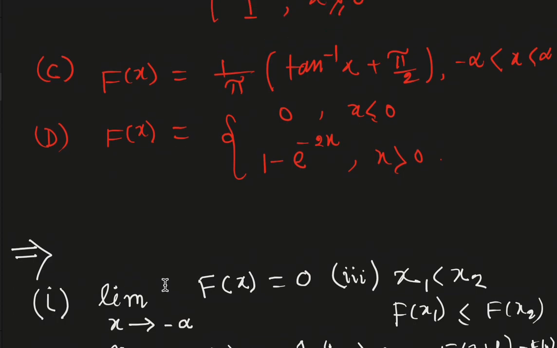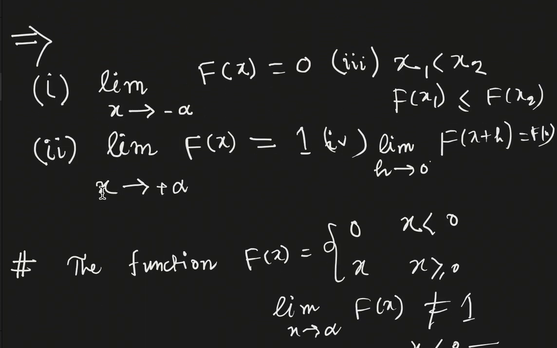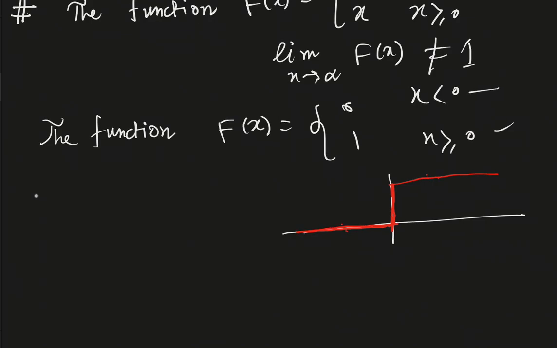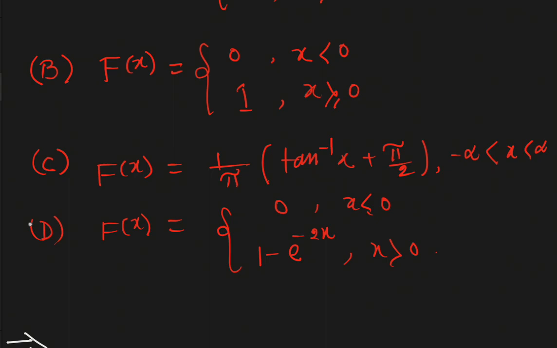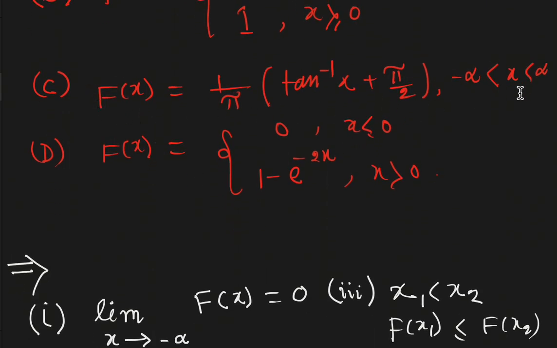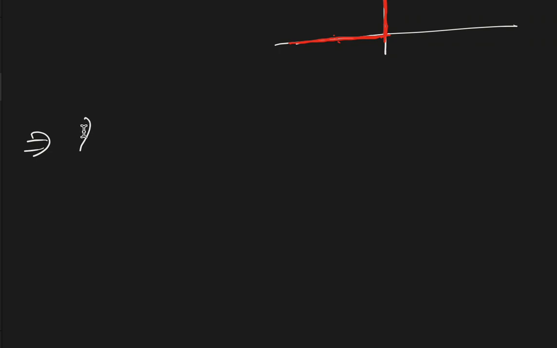Now the remaining is this function C. Let me do it here. Limit x tends to minus infinity of 1 by pi times tan inverse of x plus pi by 2.